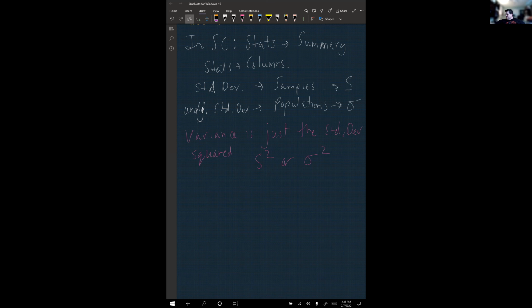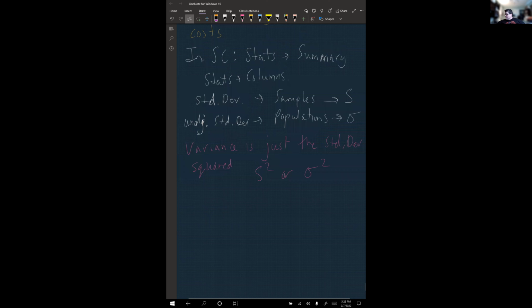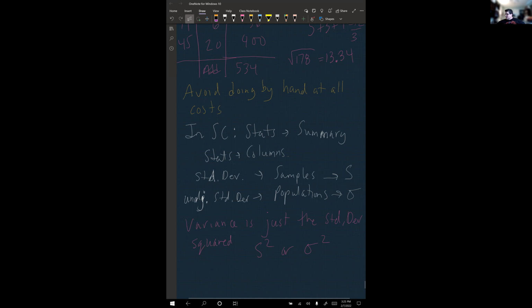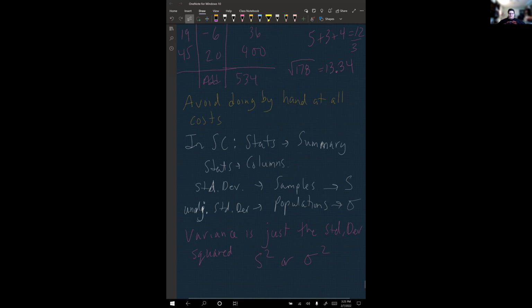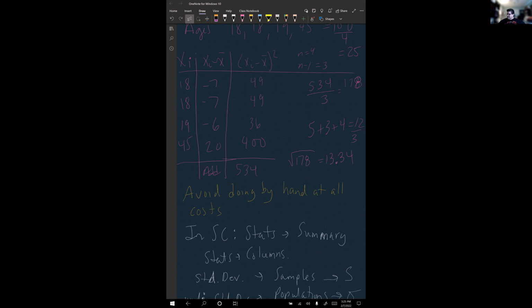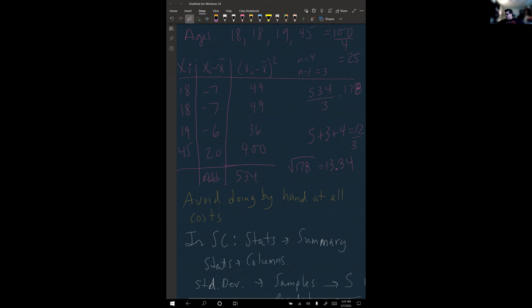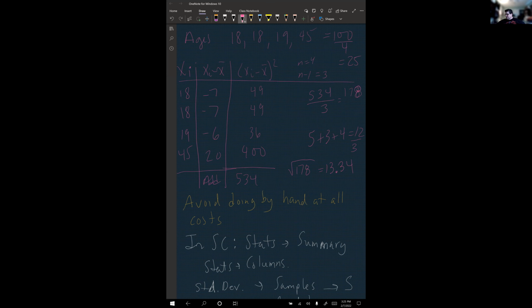And you will find, in fact, let's look at that chart real quick and I can point it out. If I didn't add my age to the group, that 45, we wouldn't have this 400 in the sum, right? I could add those up and I'd have 49 plus 49 plus 36, is 134.